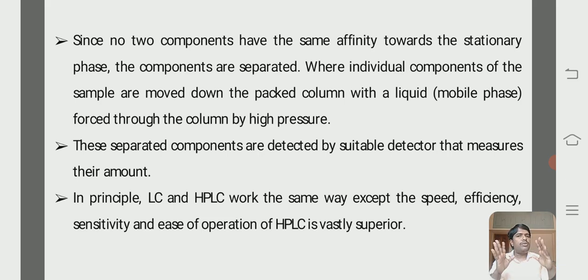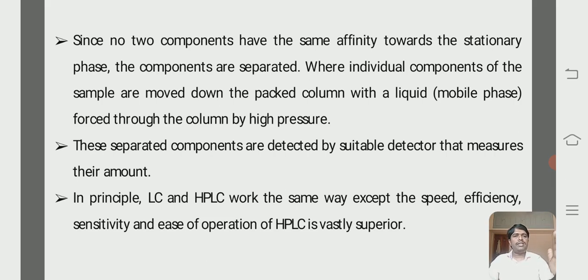Individual components of the sample are moved down the packed column with a liquid, that is the mobile phase, forced through the column by high pressure. In this high performance liquid chromatography, we are using high pressure.